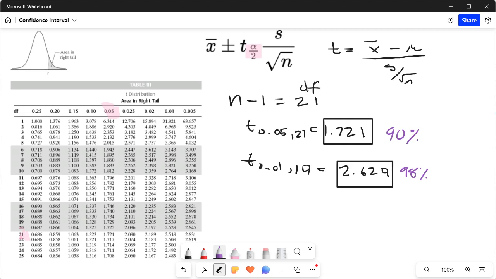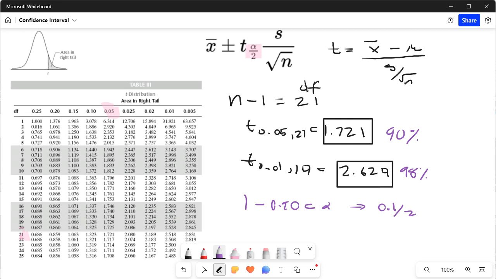And of course, if you think of it visually, you could take 1 minus the confidence level. So 1 minus 0.90 equals our alpha, which would be 0.1.